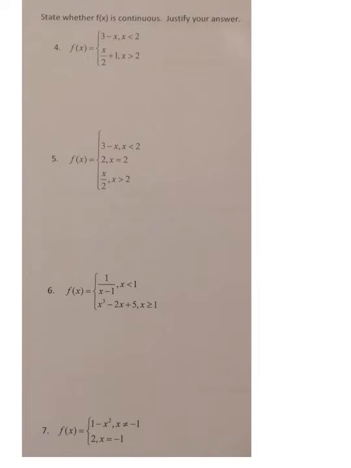Alrighty, so we're again back to proving whether or not something is continuous. I am looking up here at the top part of the piecewise function in number 4, and this is the limit coming from the right, and this is the limit coming from the left. So I'm going to start by plugging in 2 there. When I plug in 2 to the top, I get 3 minus 2, which is 1.